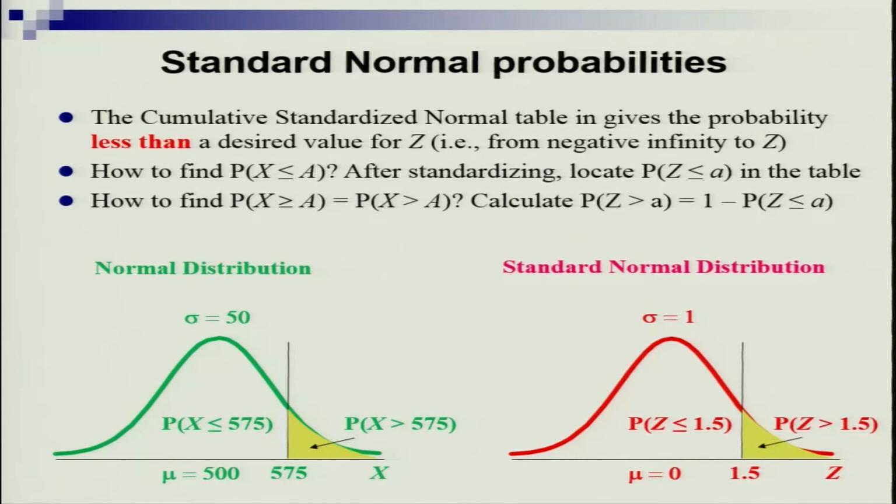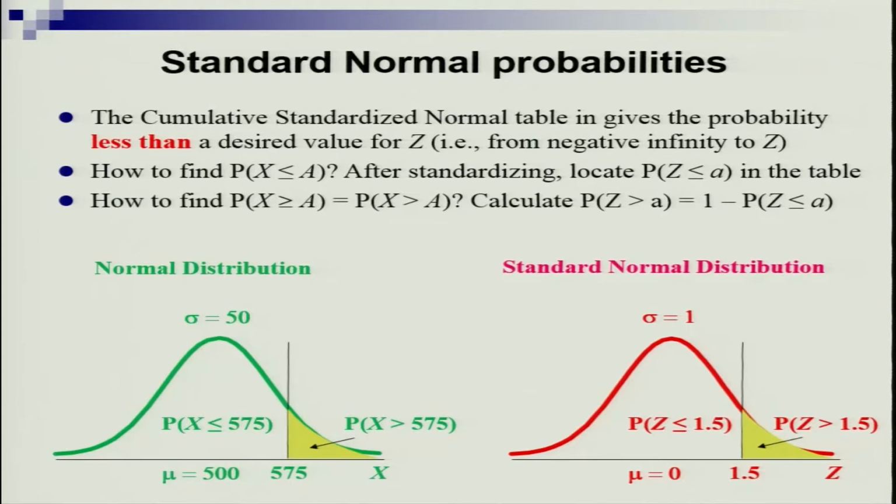So let us first look at the normal distribution figure on the left hand side, where we are showing the normal distribution with mu 500 and sigma 50, and the normal curve is a bell shaped curve in green color. And suppose someone asks: what is the probability that a student has scored less than or equal to 575?